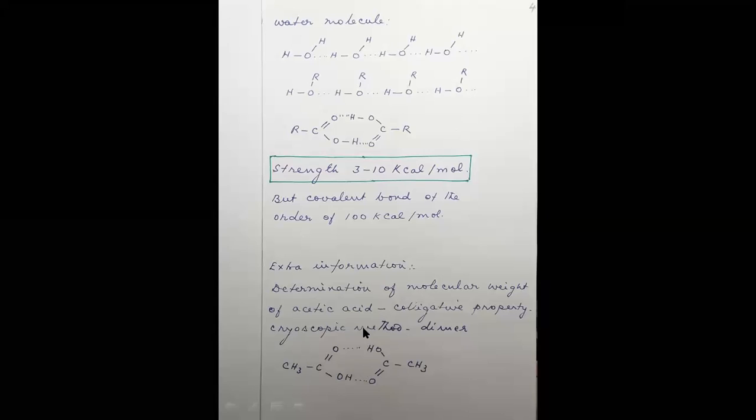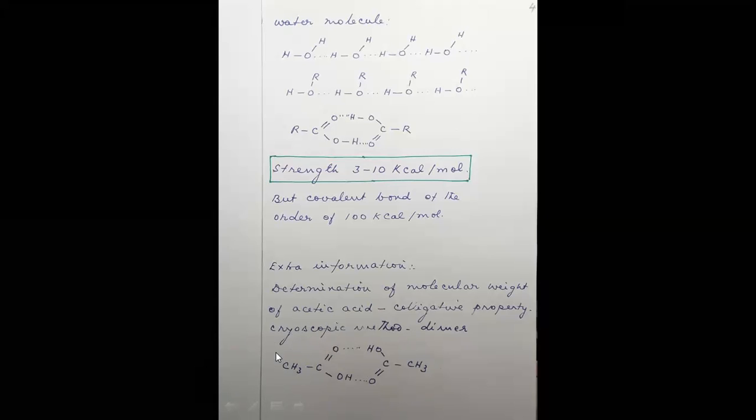And I want to give you one extra piece of information. Originally the molecular weight of acetic acid was determined by the freezing point depression method, which is called the Rast method, a colligative method, a cryoscopic method. When they calculated the molecular weight, they got double the molecular weight.